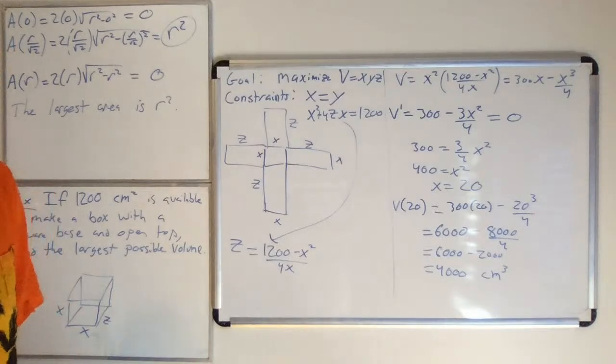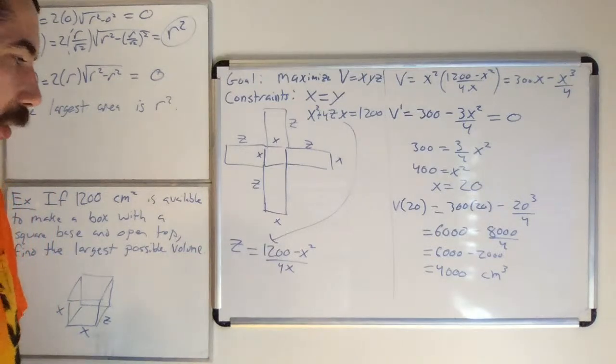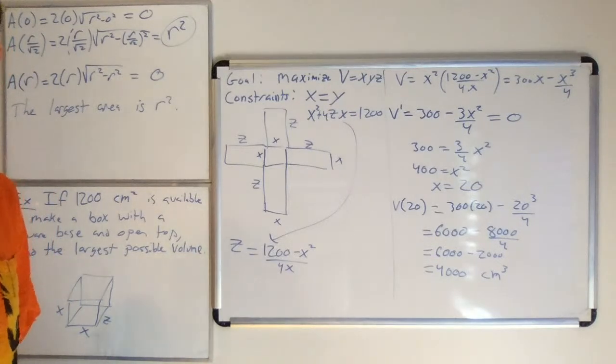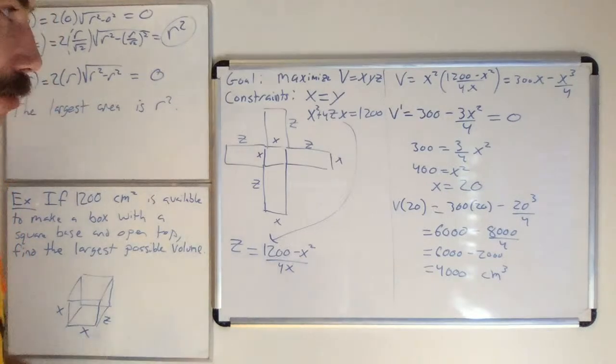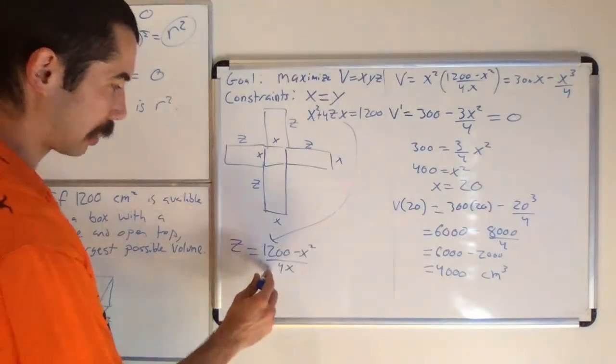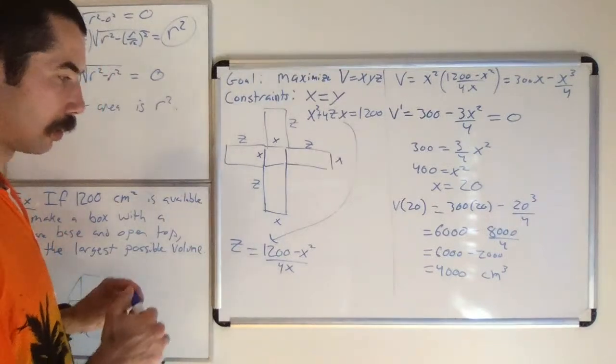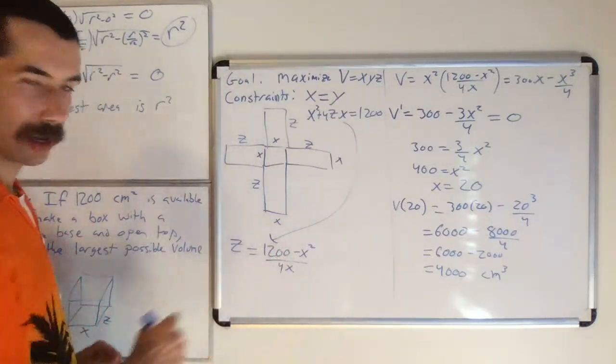Could you also plug x into the constraint equation and then do v equals x squared z? Yeah, so you could plug x equals 20 into here, and you would get whatever that works out to be.